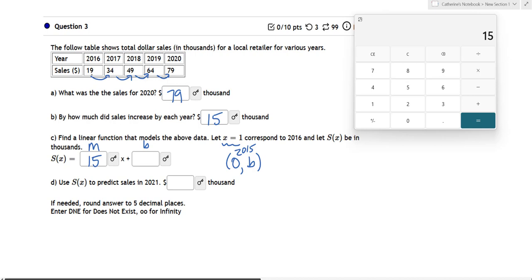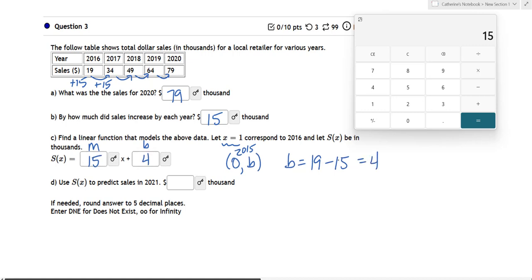Okay, well, we know that they've been increasing 15,000 each year. So to figure out what we had in 2015, we can just do b equals 19 minus 15 and get 4.